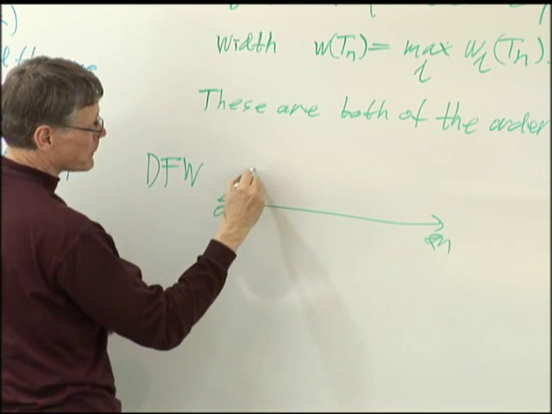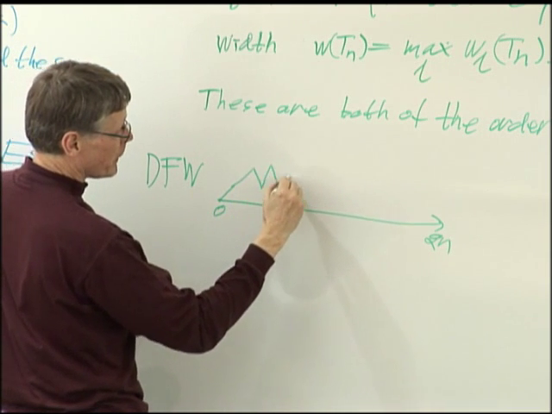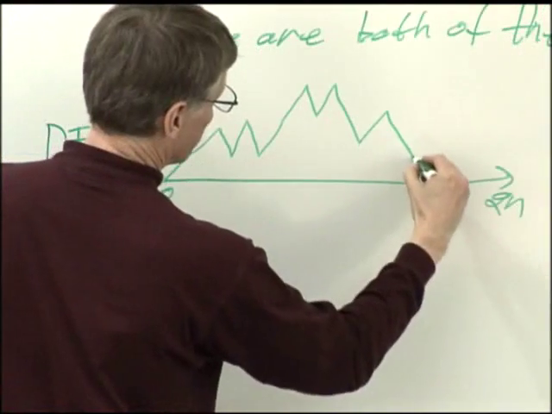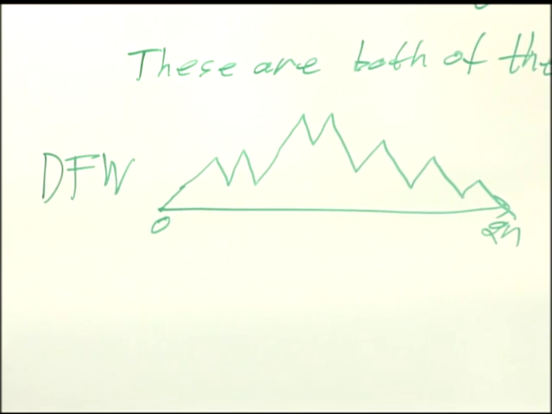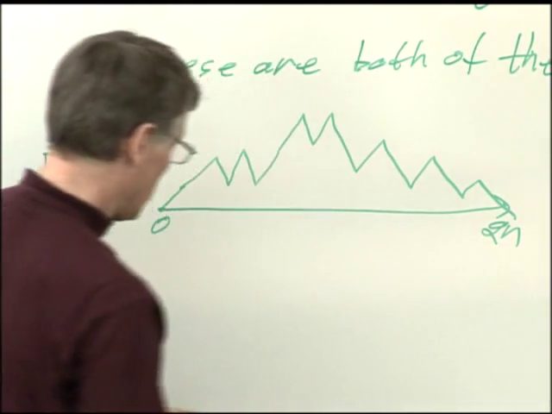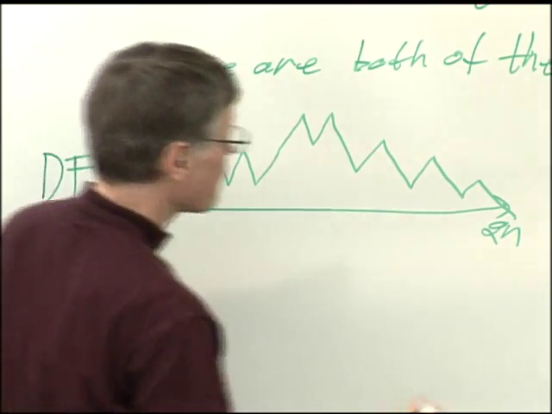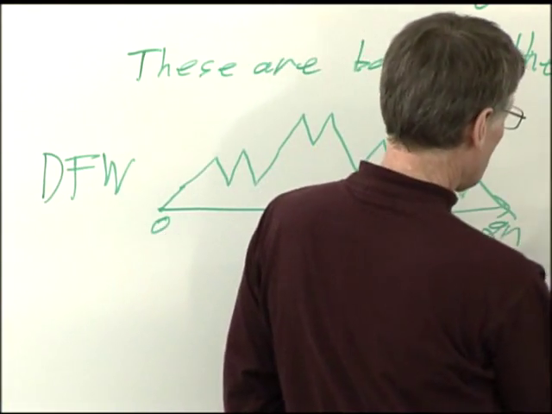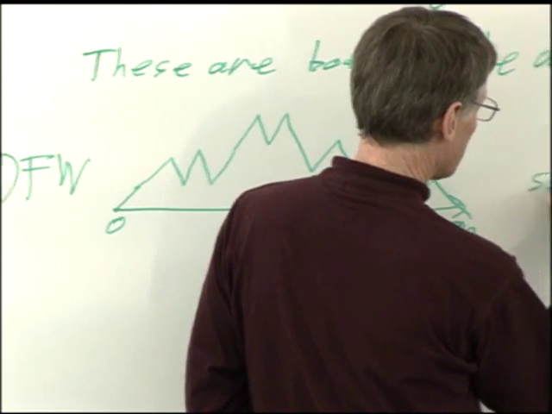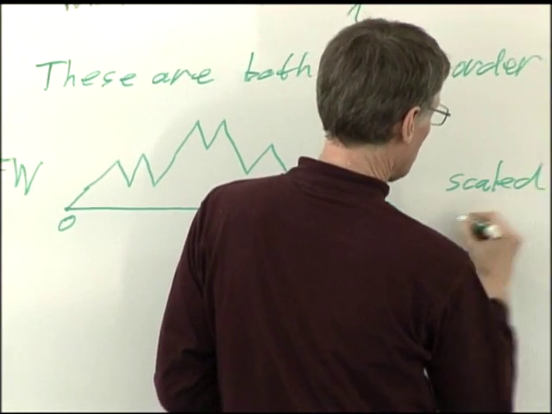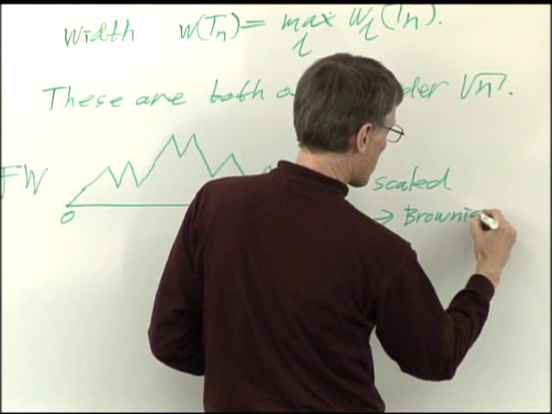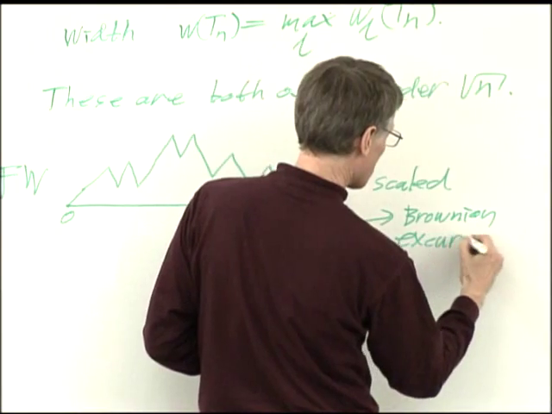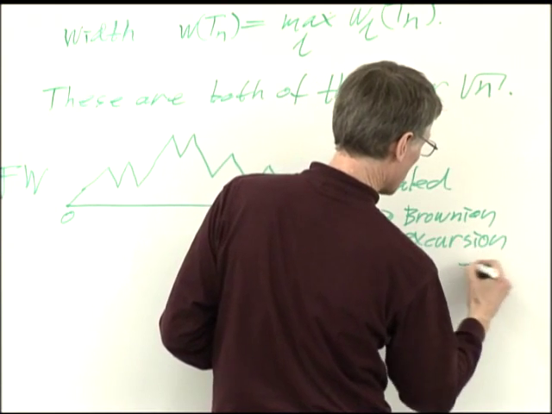This will not be perhaps exactly the same tree as we had, but something like this. What David proved was that this depth first walk, if we scale this properly, will converge to a Brownian excursion. Excursion, let's call it E of t.